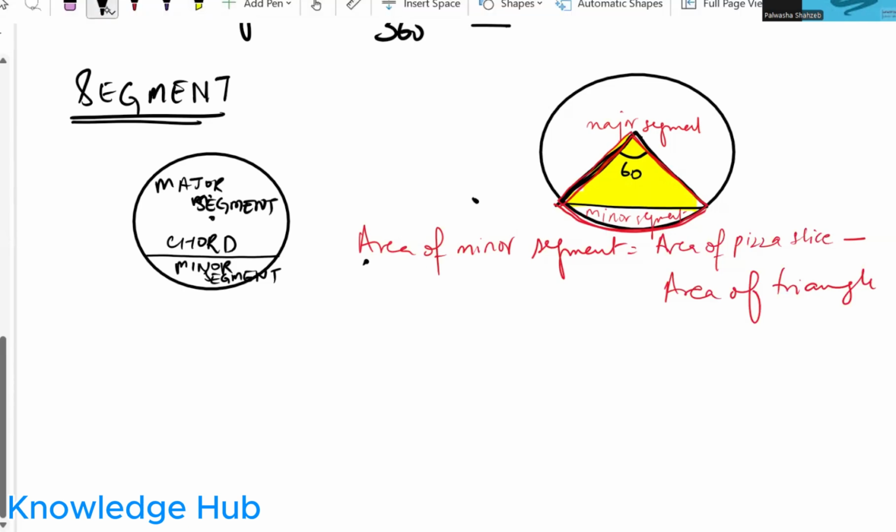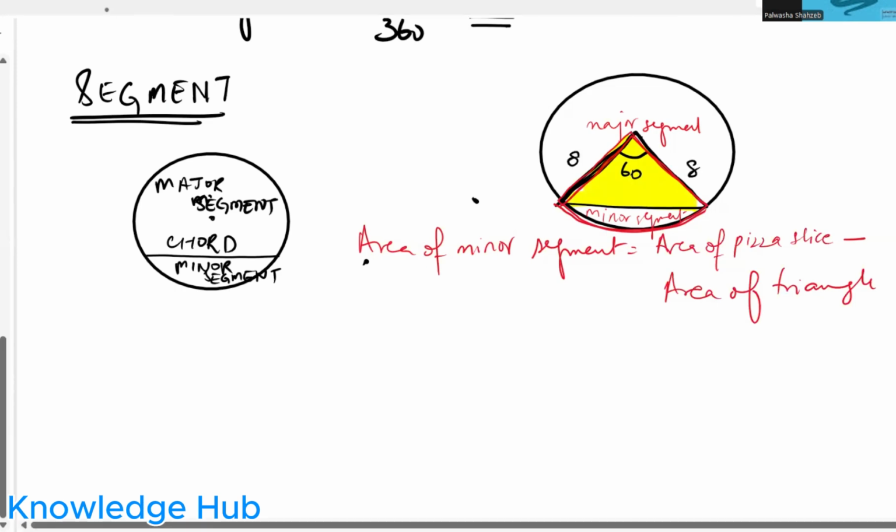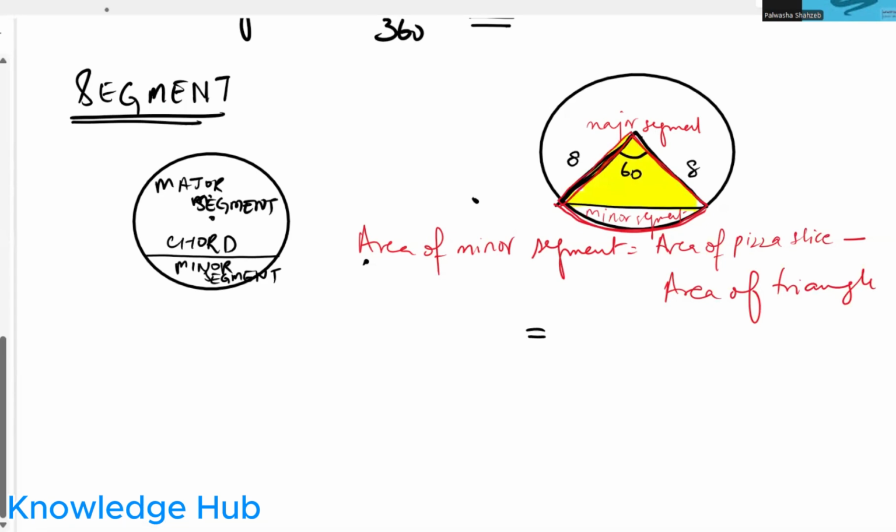Okay, let me just do it for you. Let's suppose this is 8. So area of pizza slice would be theta over 360 times pi r square. And area of triangle would be, so here we'll not use the formula half into base into height because we don't have any height over here.